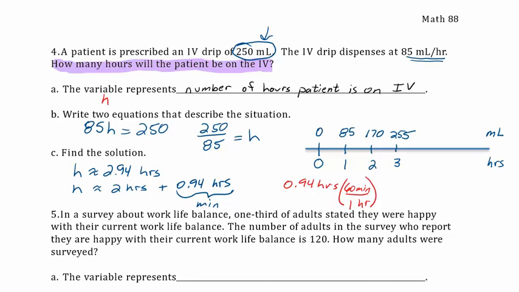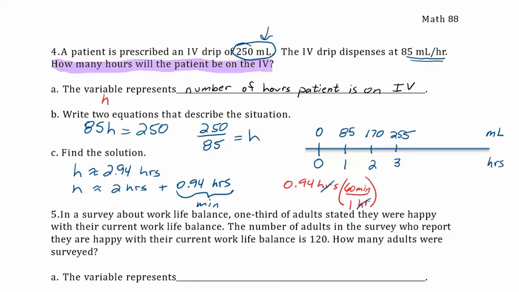So I'm going to cancel these hours out, and multiply 0.94 times 60. That's going to give me about 56 minutes. It says 56.4, so let's round to the nearest minute and say 56 minutes.